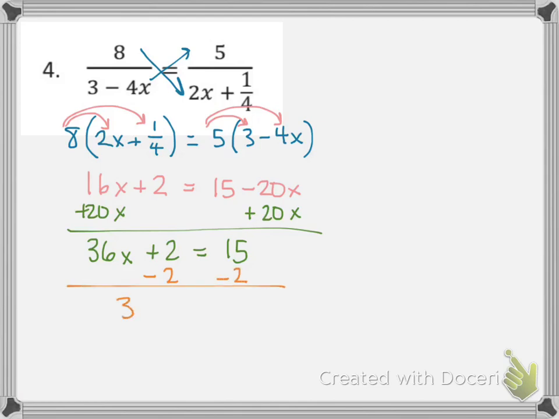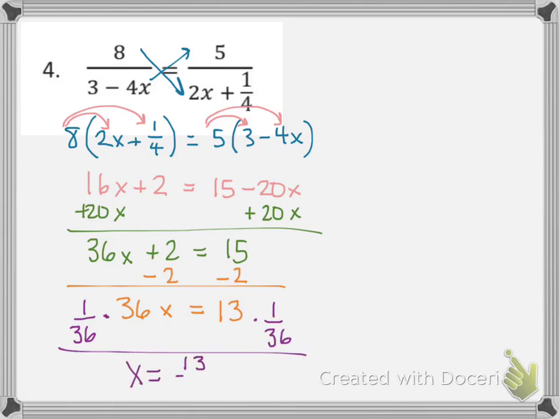We get 36x equals 13. And then multiply by the reciprocal of 36, and we get x equals 13/36. And that is the solution for x.